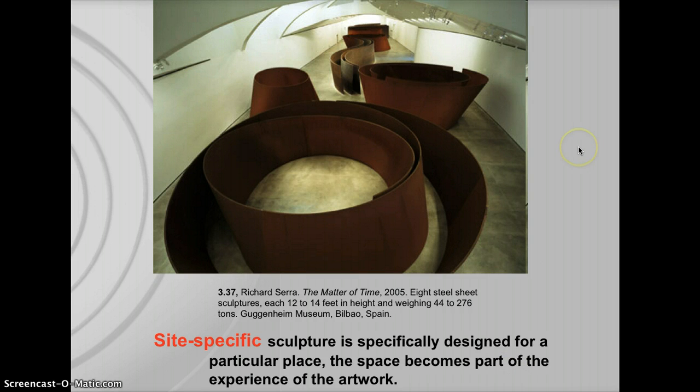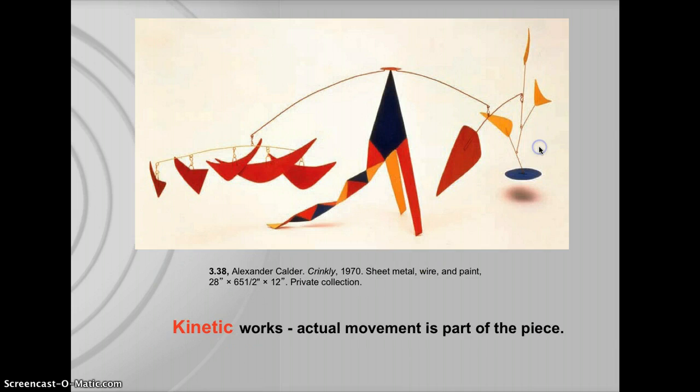So site-specific: Serra created these sculptural forms using large sheets of steel, and he was really trying to force the viewer to think about how they would negotiate space and how it blocks your view from certain spaces in the room. Kinetic: Alexander Calder, you looked at some of his wire pieces that he did for a carnival piece he made. These are movable, that's kinetic, and they're shown all over in major museums in the world.